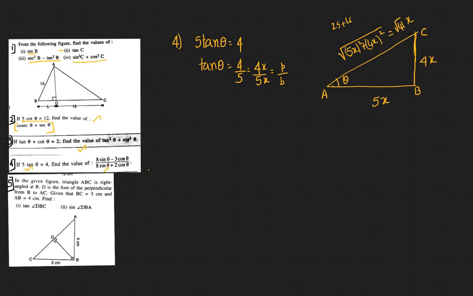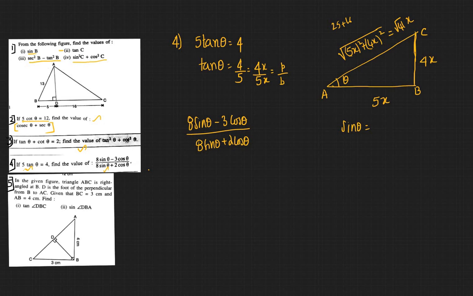So now the questioner is asking, what is 8 sin theta minus 3 cos theta divided by 8 sin theta plus 2 cos theta? All right, so let's see what sin theta is equal to.